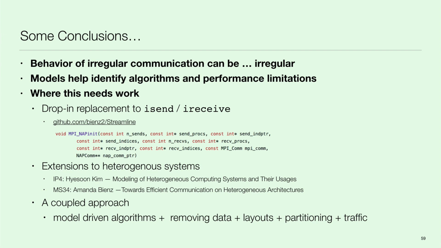Both of these talks, since we're on Saturday, happened before us, but they're excellent and starting to make progress in those directions. And then ultimately, we would need a coupled approach. So models are really helpful in terms of understanding what to do for a particular problem. Model-driven algorithms and model-driven decisions, and moving data and layouts and partitions and communication traffic all need to go together.